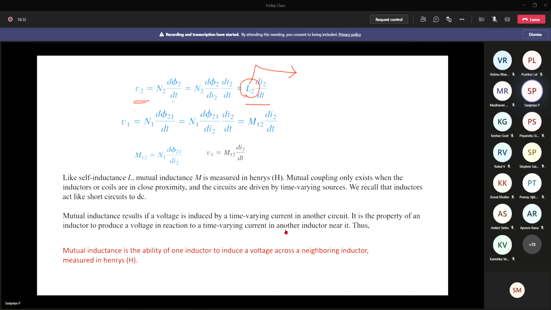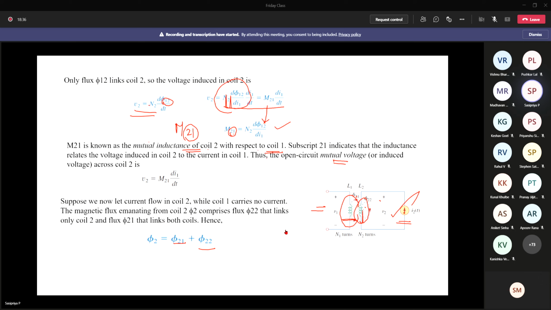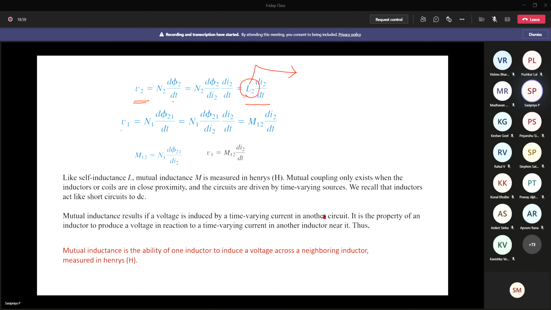Now there is going to be another voltage, even though this is open circuit. Due to the flux linkage in coil 1, because of the current I2, we'll have an EMF generated here also. This V1 is equal to N1 into d phi 21 by dt.